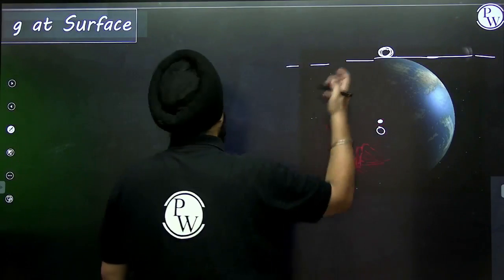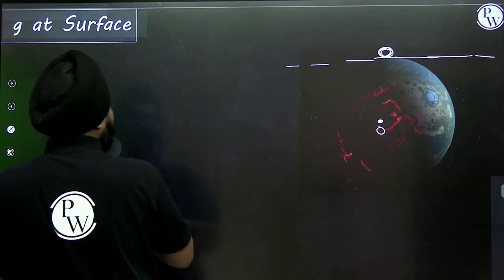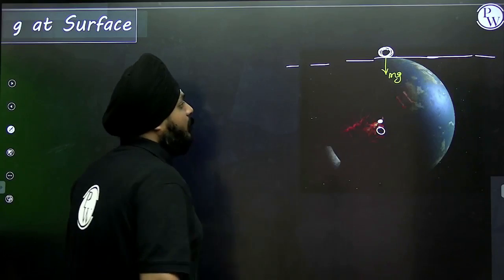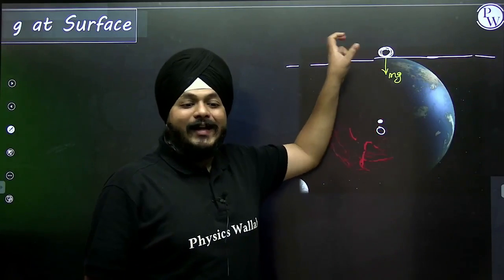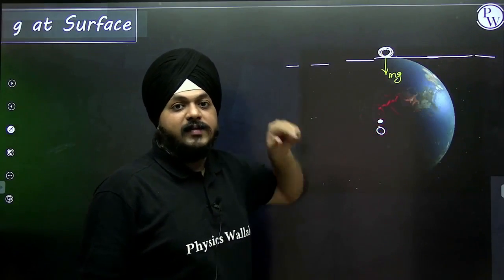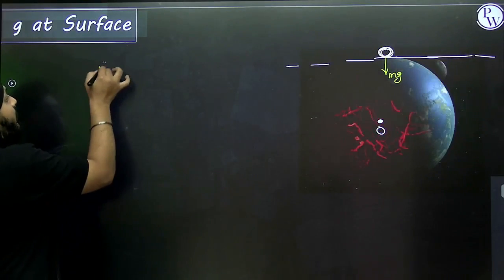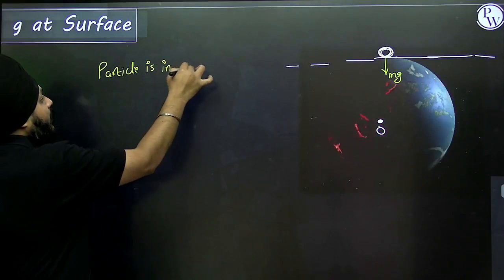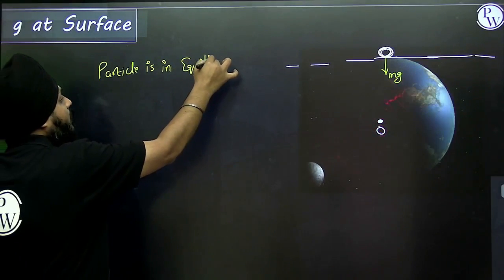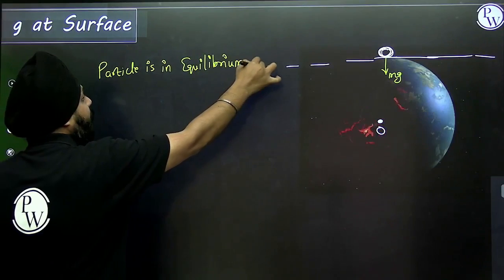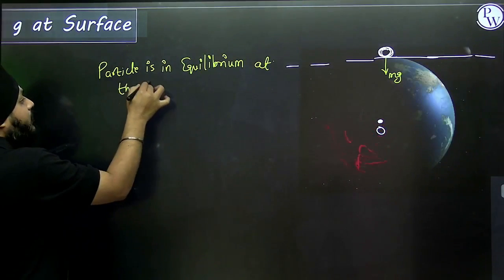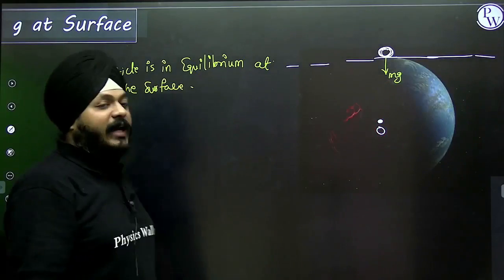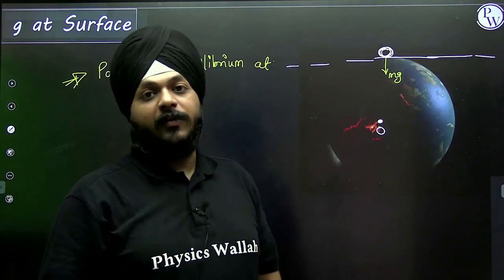One object is kept at the surface of the earth. Obviously its weight is acting downward. Suppose the particle is in equilibrium at the surface.